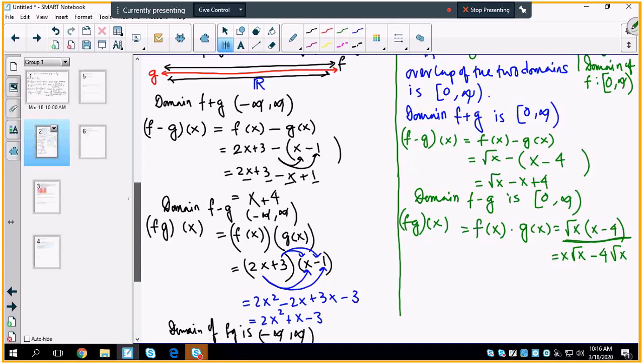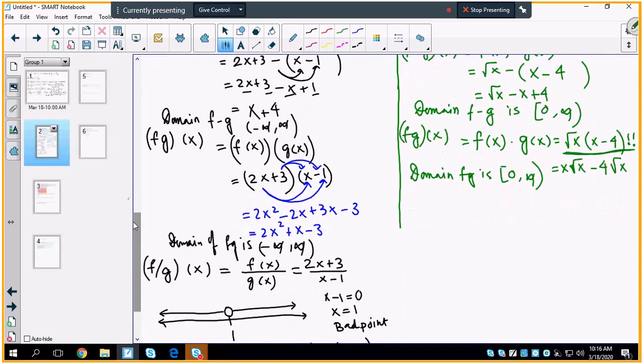So if someone wants, they can end the problem right here and I will give them full credit. I don't actually have to distribute because it doesn't make the function look any better. So the final thing is writing the domain of this function. So the domain of this function, f times g, is still closed 0 to positive infinity.